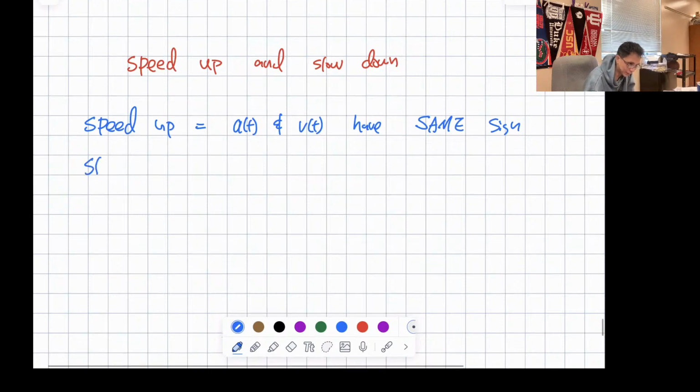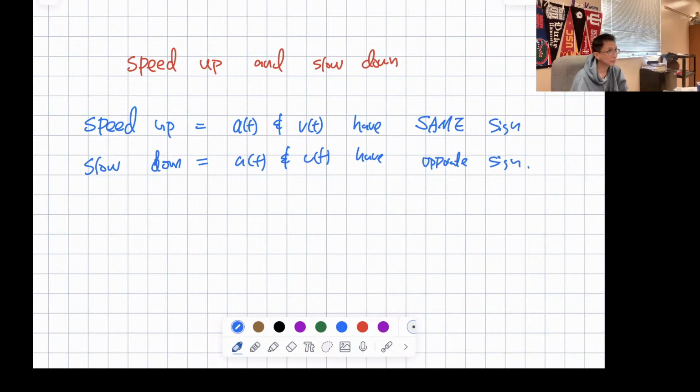Slowing down of an object is when a of t and v of t have opposite signs. Does that make sense? Is this okay? Opposite sign: one is positive, one's negative, or one is negative, one's positive. But let's talk about direction first.